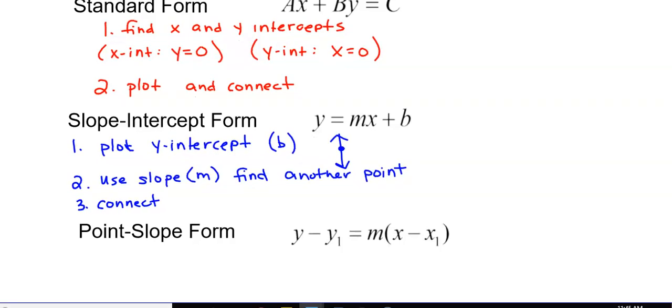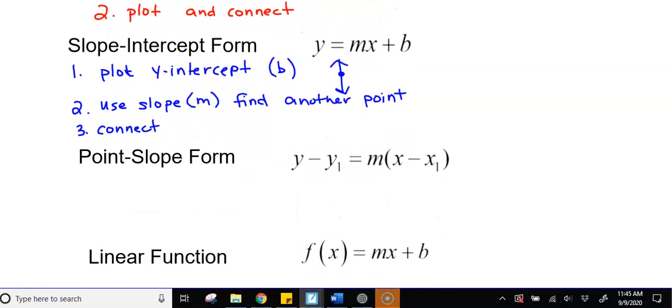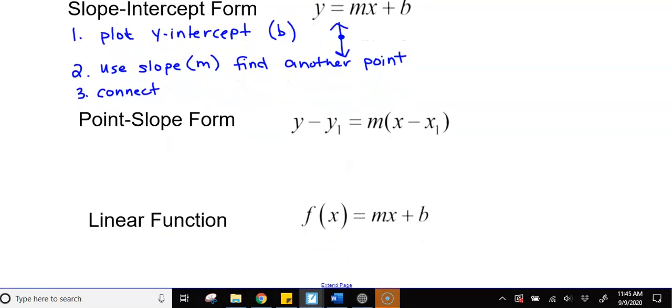Okay? Point slope form is another one that we're going to come across from time to time. Okay? Big thing here is when you are going to take the shortcut here and make a graph directly from point slope form, you want to make sure that you are plotting the point opposite of x and y.